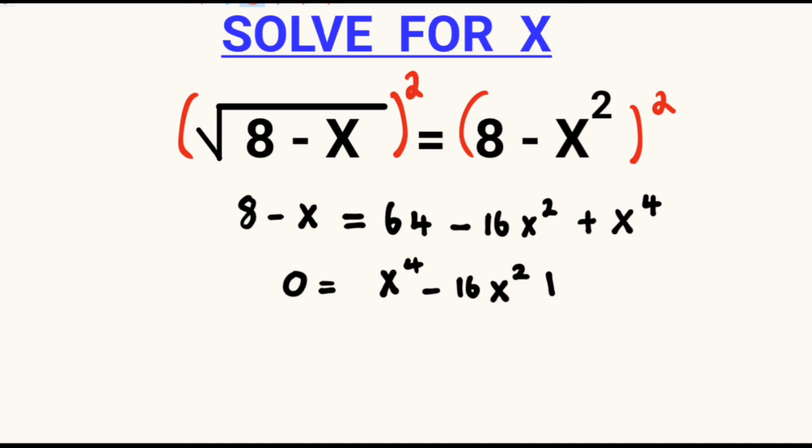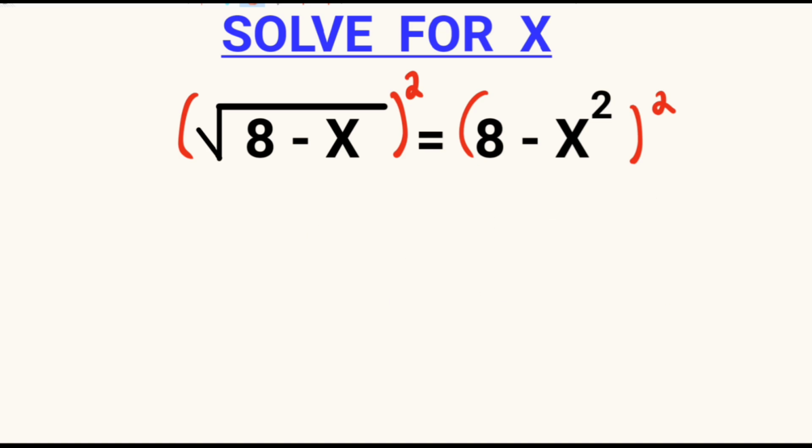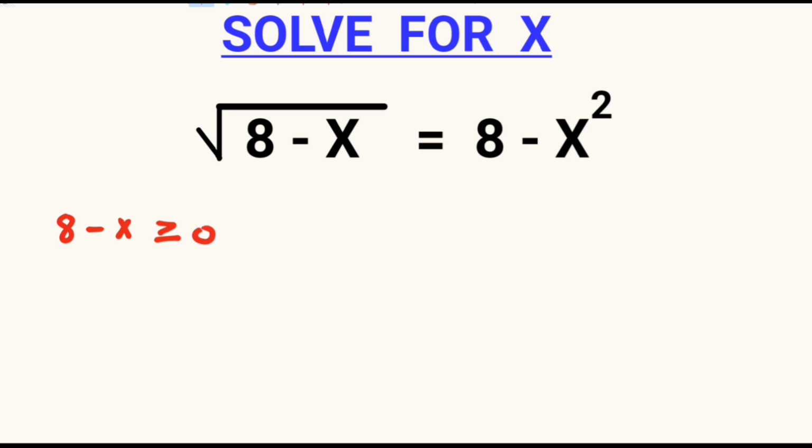Instead, we are going to introduce a parameter. Before we can introduce the parameter, let's define our conditions. Since we have the square root of 8 minus x, the 8 minus x must be greater or equal to 0. The 8 must be greater or equal to x, or the x must be less than or equal to 8.